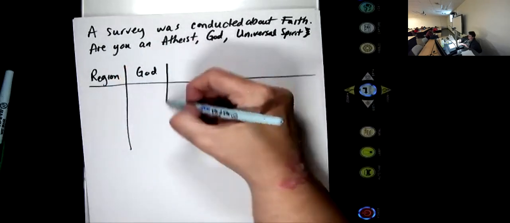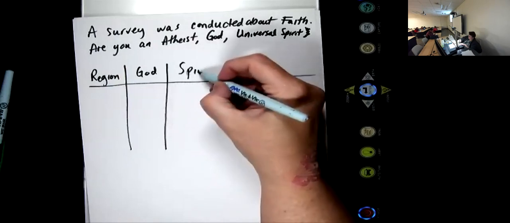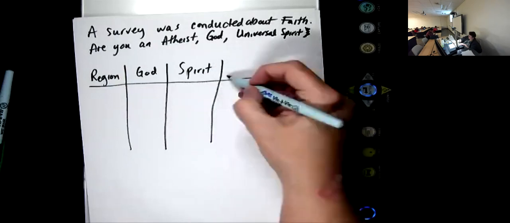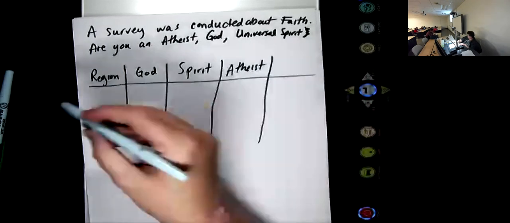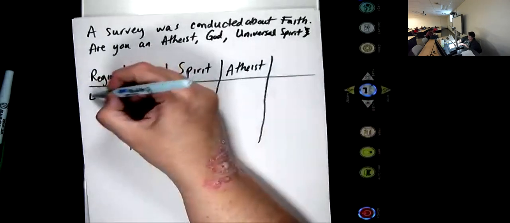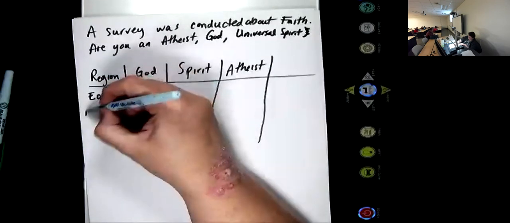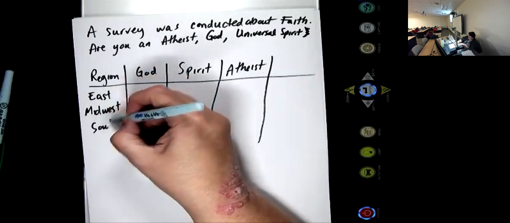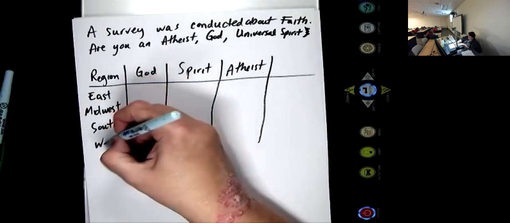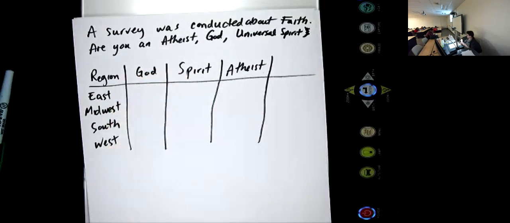So I'm going to give you a table. And the regions were East, Midwest, South, and West. Why they didn't ask the people in the north, I have no idea.